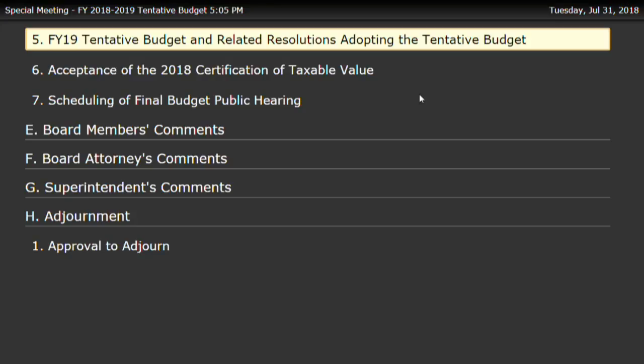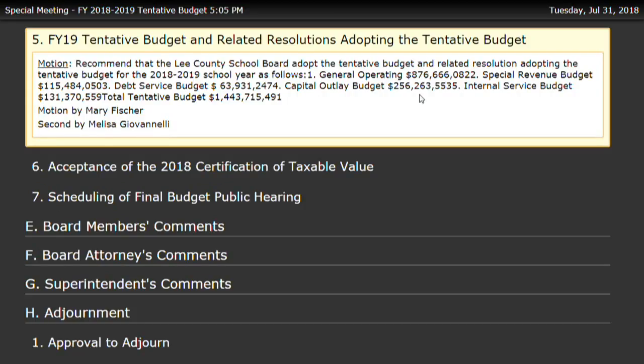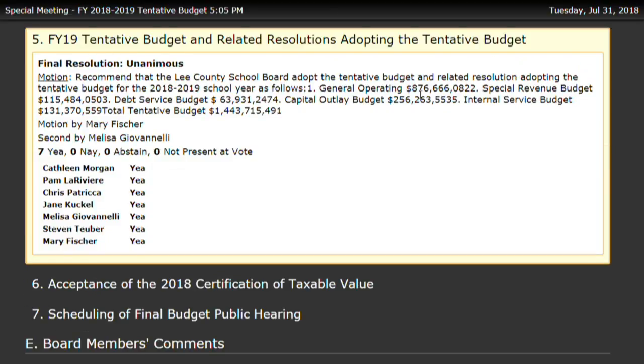Board members, you've heard the superintendent's recommendation. Is there a motion to approve? So moved. Moved by Ms. Fisher, seconded by Mrs. Giovanelli. Discussion? Please record your vote. Motion carries 7-0. Next recommendation, recommend that the Lee County School Board accept the 2018 Certificate of Taxable Value for Lee County, Form DR420S, and authorize the superintendent to complete and execute the form.